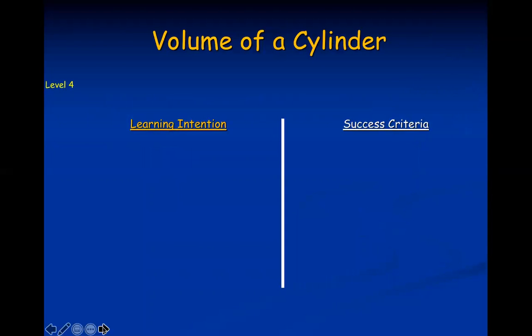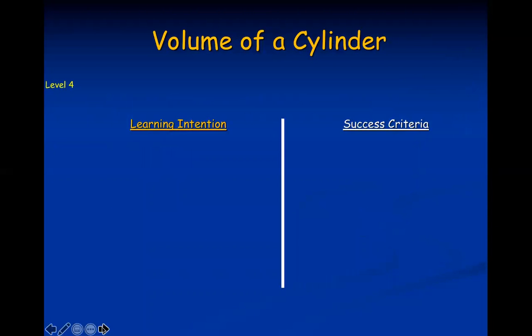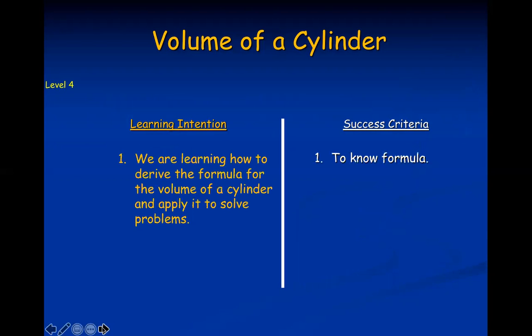So 5 minutes break, and then we can come back to it and we'll look at volume. So again, volume of cylinder, that's a bit of revision. If we're back at 10 past 7, we should be okay.